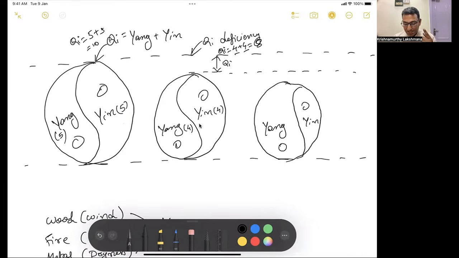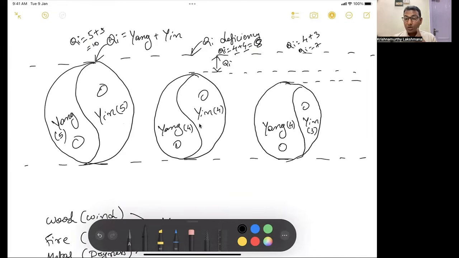Here, let's say now yang is 4, but the yin has become 3. So now here qi is equal to 4 plus 3, so qi is equal to 7.